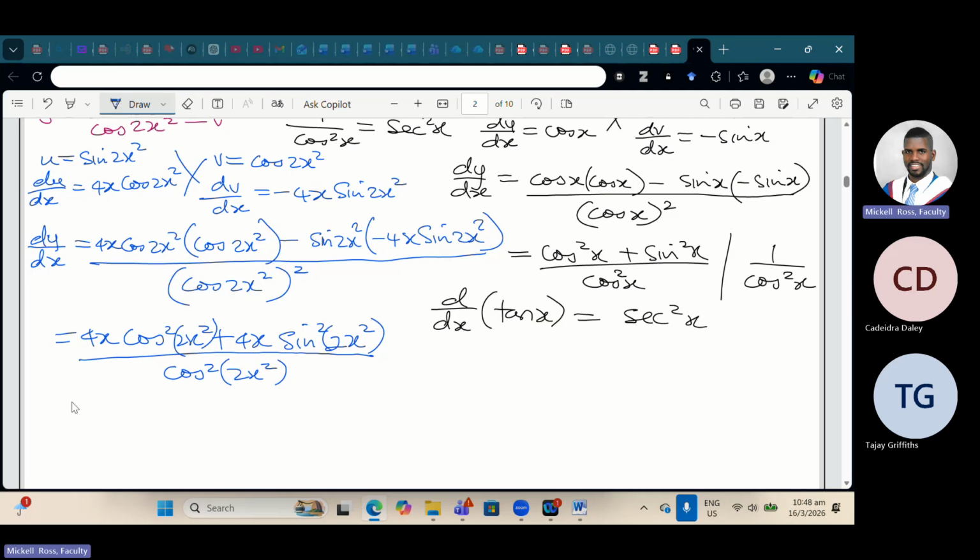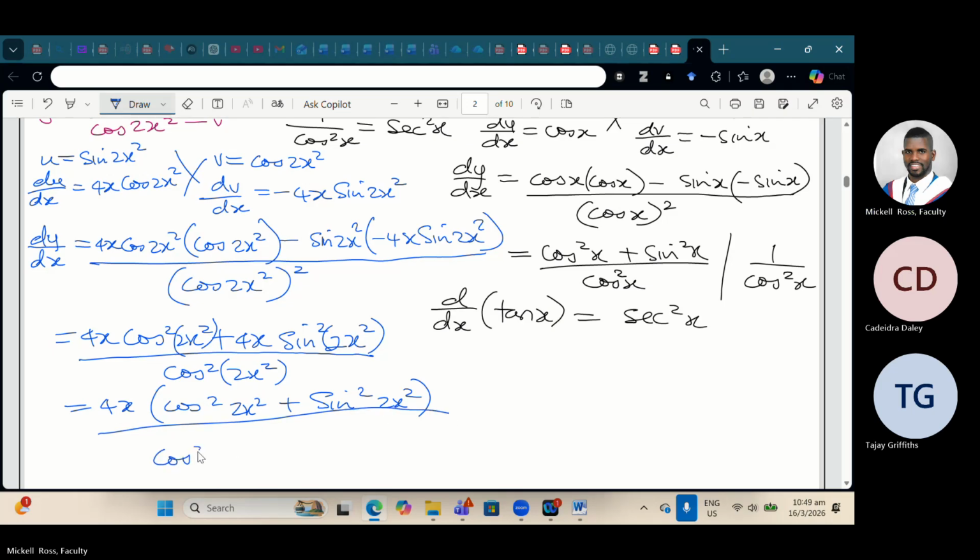All right. So what we're going to end up with is 4x, open bracket, cos squared 2x squared plus sine squared 2x squared, all divided by cos squared 2x squared.